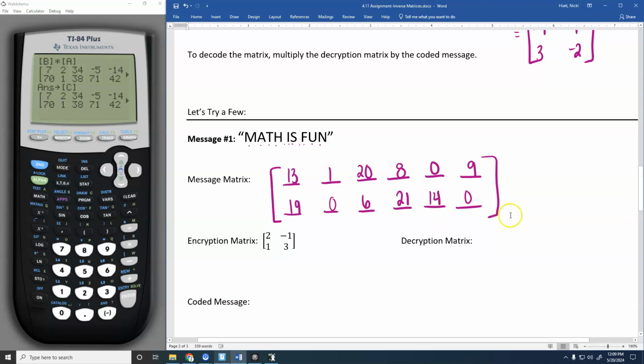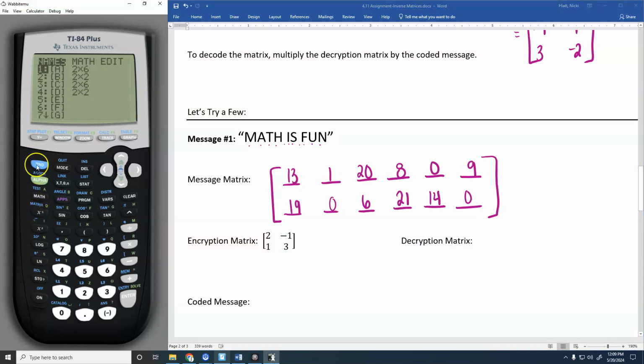Okay, everybody good there? We're going to enter this into the calculator. So you're going to go second matrix on your calculator, and make sure you go over to edit. And I'm just going to put this in as A right here.